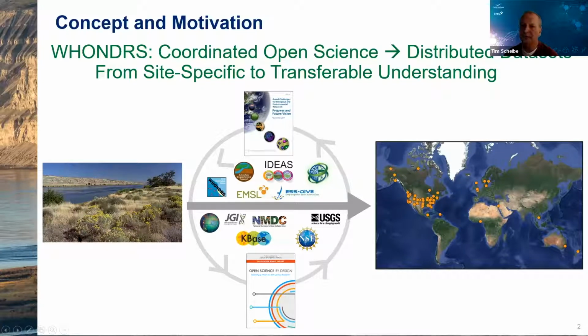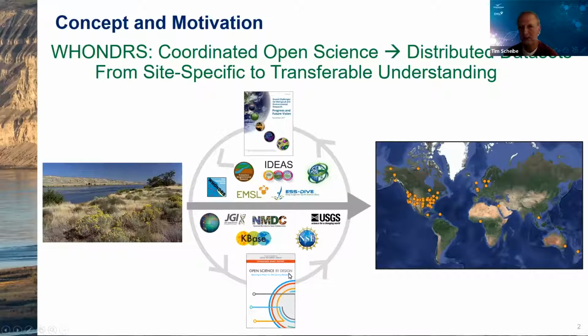And so as we've developed a strong research community within the DOE research programs that we work in, we've begun thinking hard about open science and coordinating it in a way that is designed to develop transferable understanding by integrating models and data. And you see a number of different organizations and resources here in the middle that have been converging together.